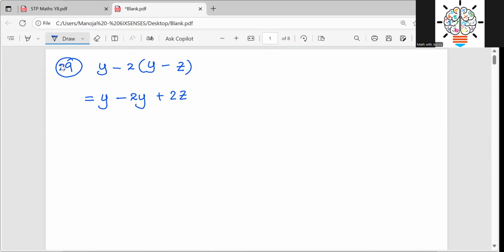So then these are like terms. y minus 2y becomes negative 1y plus 2z. Either you can keep the answer like this, or you can write it as 2z minus y or minus y plus 2z. Both are correct. The last step is not compulsory. By any chance, if you have not written it, don't worry about it.